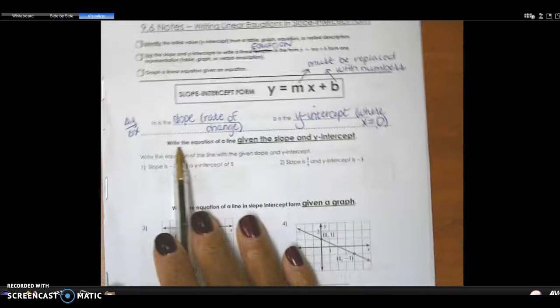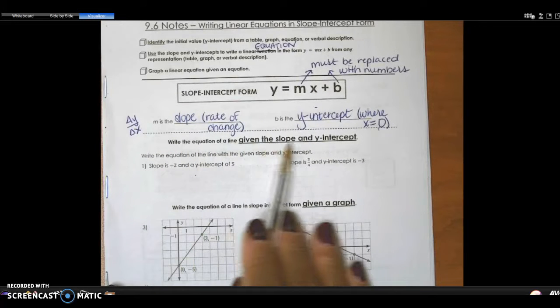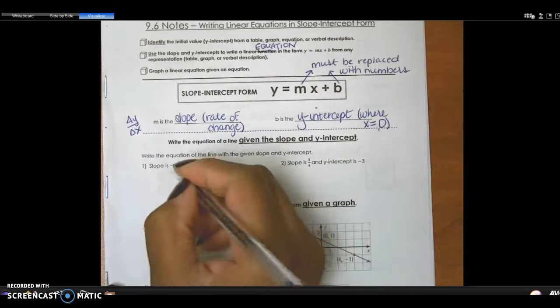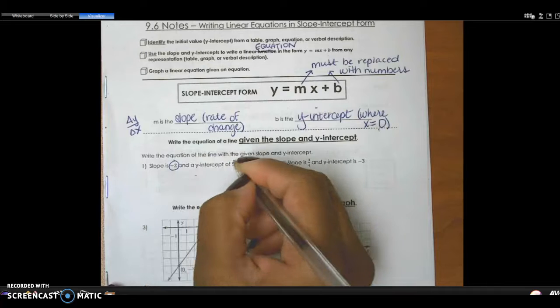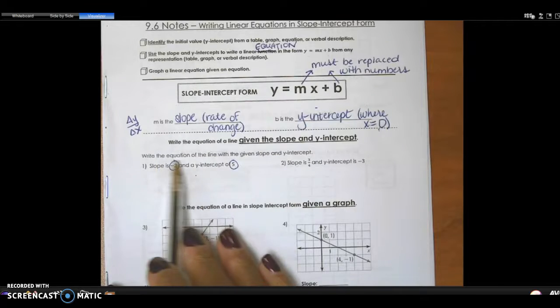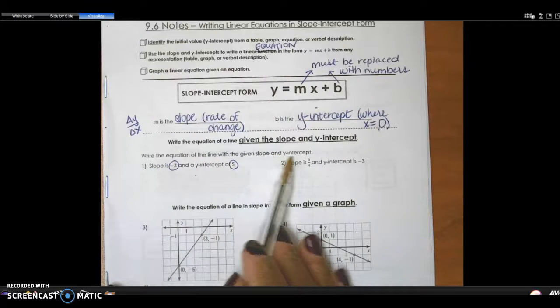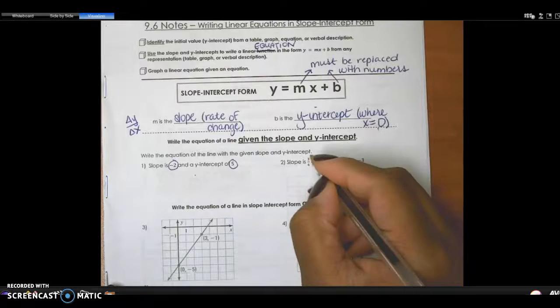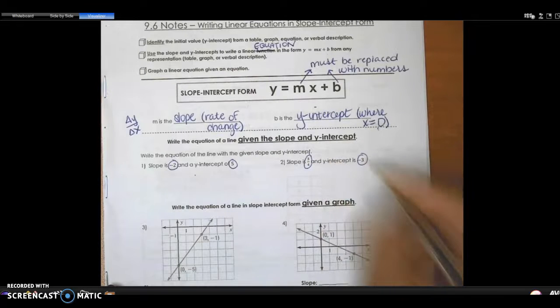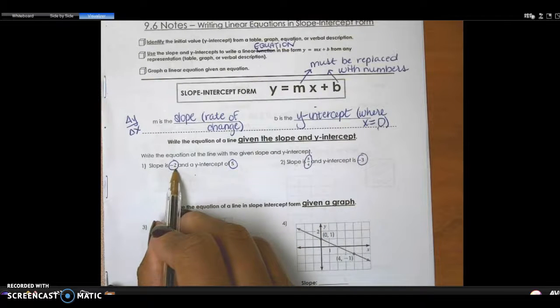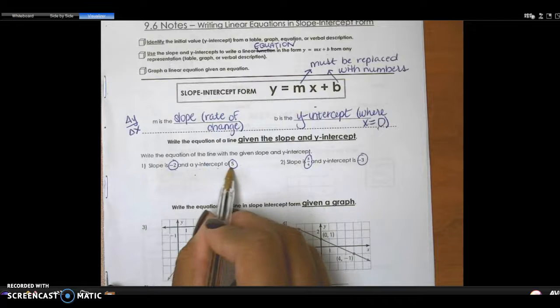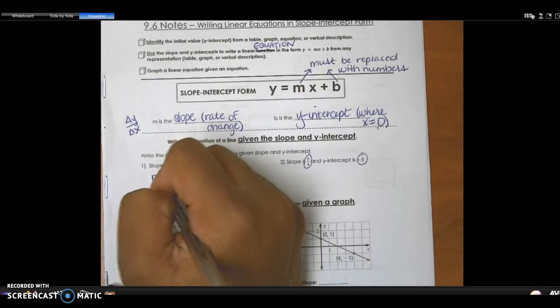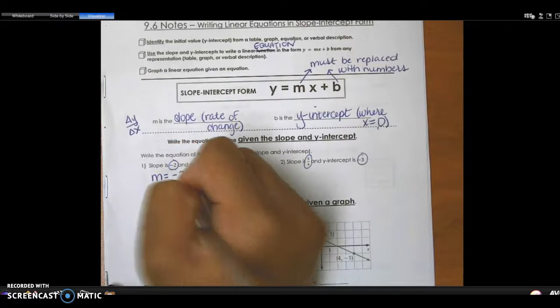So first I'm going to write the equation of a line given the slope and a y-intercept. Here's my slope and here's my y-intercept. So write the equation of a line with the given slope and y-intercept. 3/4 and -3. My slope is -2. My y-intercept is 5. M equals -2.